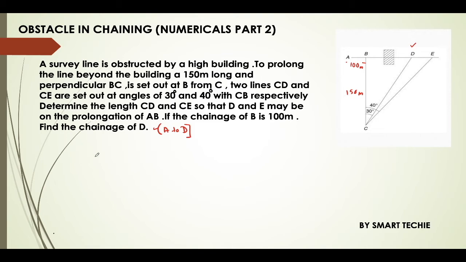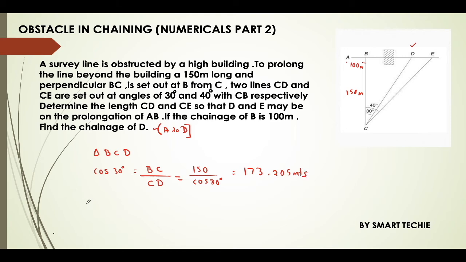Similarly, we'll consider triangle BCD, wherein cos 30 degrees is equal to BC, the adjacent side, upon the hypotenuse side. So CD is 150 upon cos 30 degrees, that is 173.205 meters.